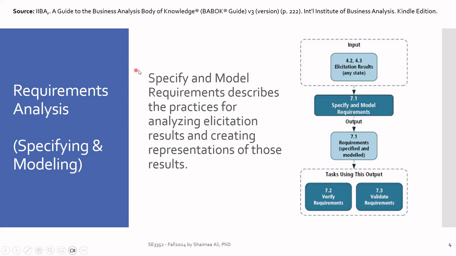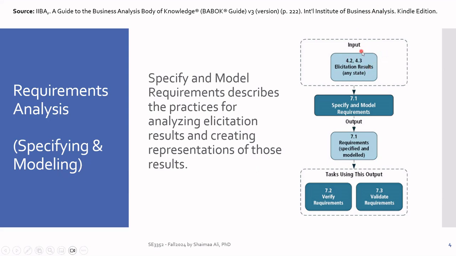So analysis, we can split it into two things, specifying and modeling. Specifying is just trying to be clear, and we're trying to be clear through a model. This model could be visual or not, but a model is just a simple representation of the concept that we're talking about.